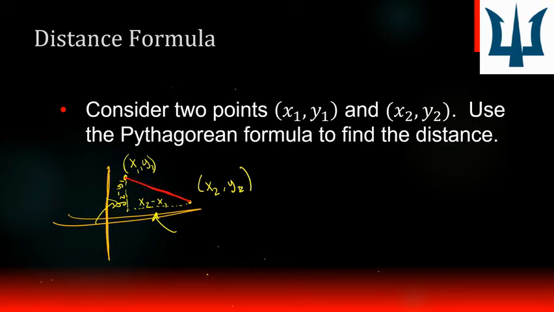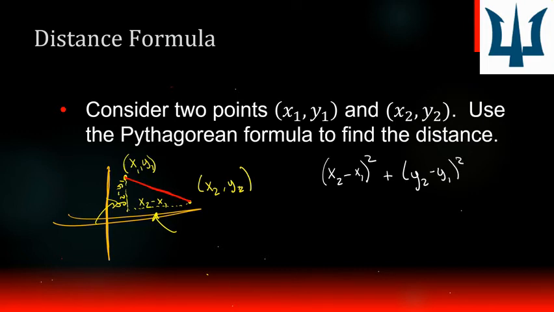in order to do that, I can use the Pythagorean theorem now. Setting up my Pythagorean theorem, I'm going to have x2 minus x1, squared, because it's distance squared, plus y2 minus y1 squared.